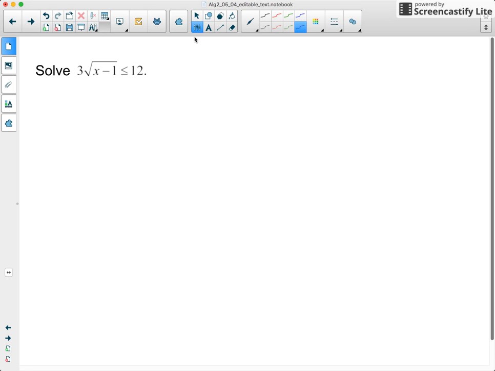So if this was an equation, we would first isolate the radical by dividing both sides by 3, and we would get the square root of x minus 1 is less than or equal to 4, and then we'd square both sides here.